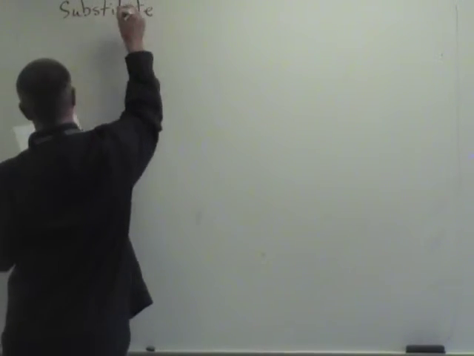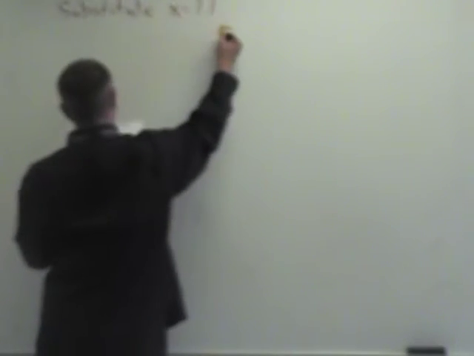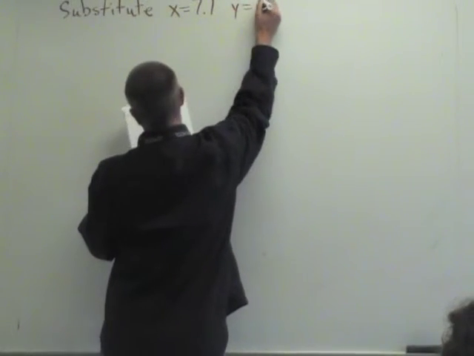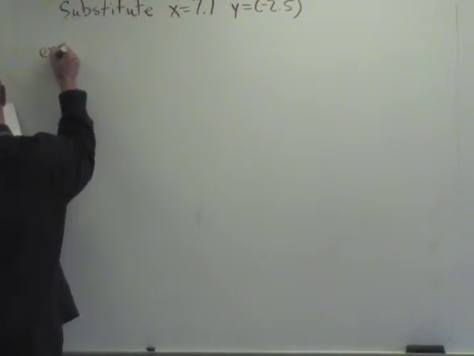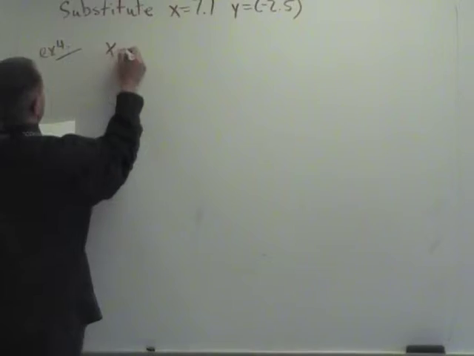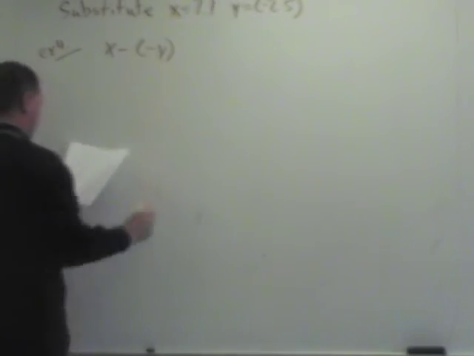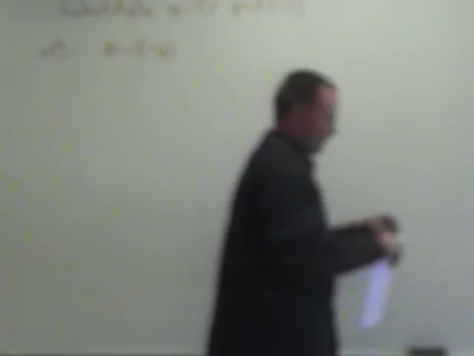Okay. Substitute. X equals 7.1. Y equals negative 2.5. Example 4: x minus negative y. Have at it.